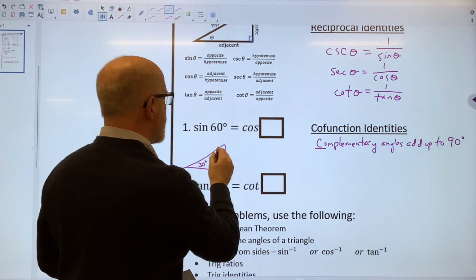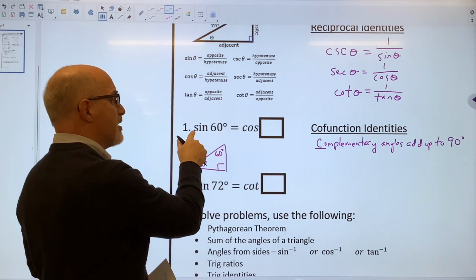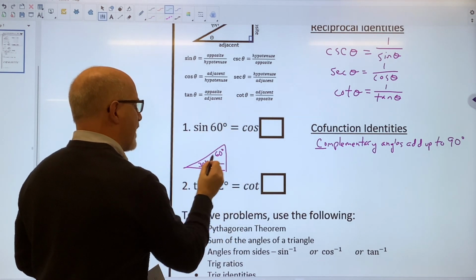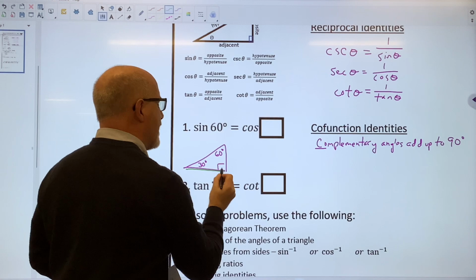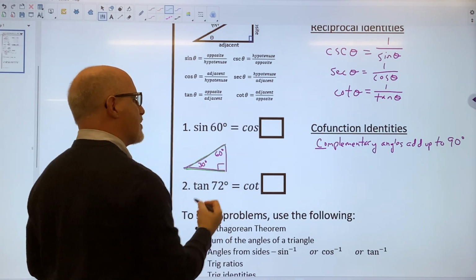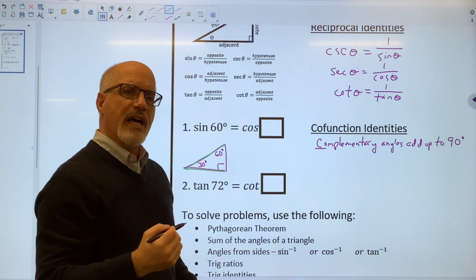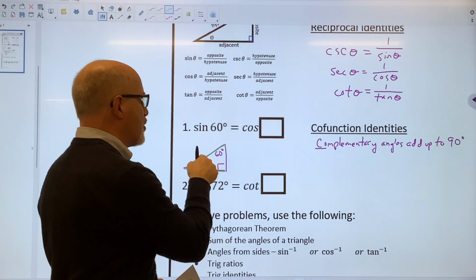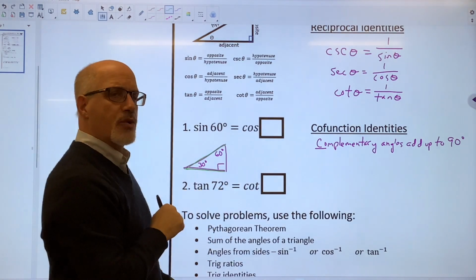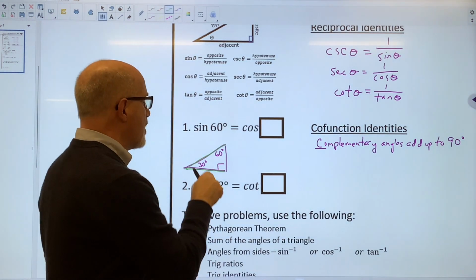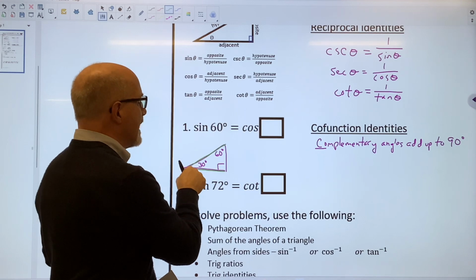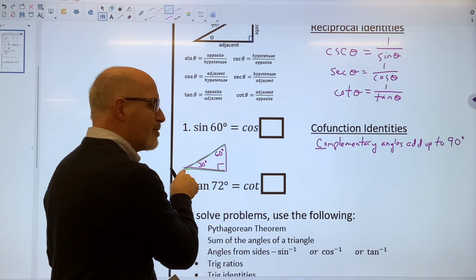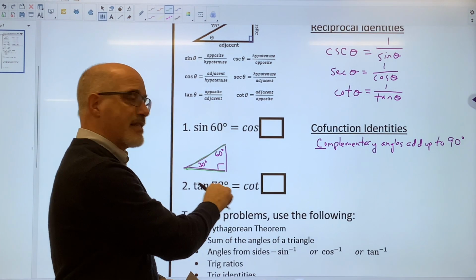So if you look at this triangle and I relate it to 60 degrees, sine of 60 is going to be the opposite side over the hypotenuse. Now if you look at those two sides, what is their relationship to the complementary angle to 60 degrees? Well, 30 degrees here has the hypotenuse and it also has the adjacent side.